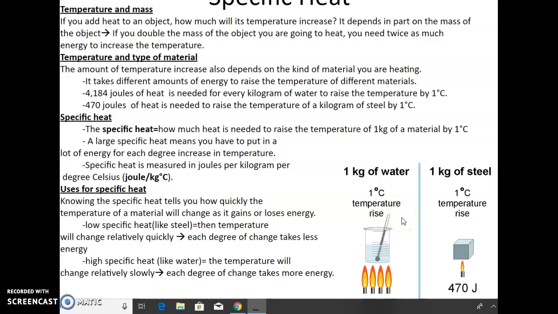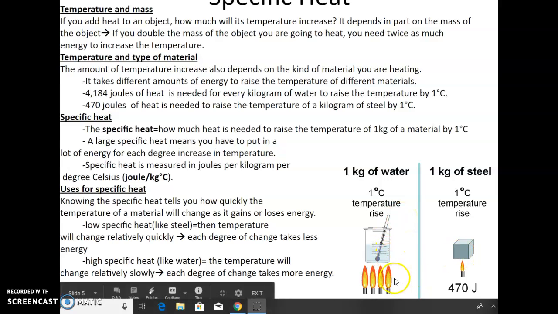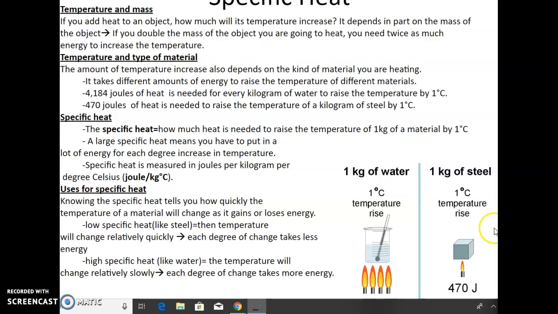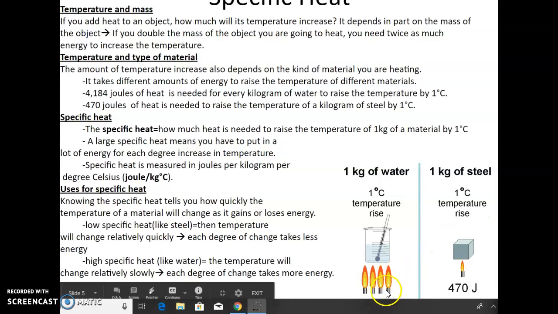The change in temperature is the same, but you can see here that you need a whole lot more heat energy to raise the temperature of water than you do of steel. That has to do with the specific heat. It's more than 4,000 joules of heat energy for water, whereas steel only requires 470 joules of heat energy per kilogram.